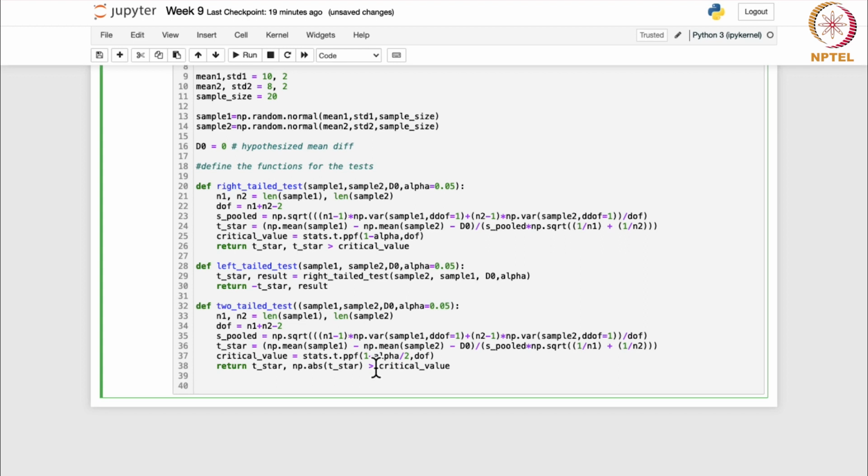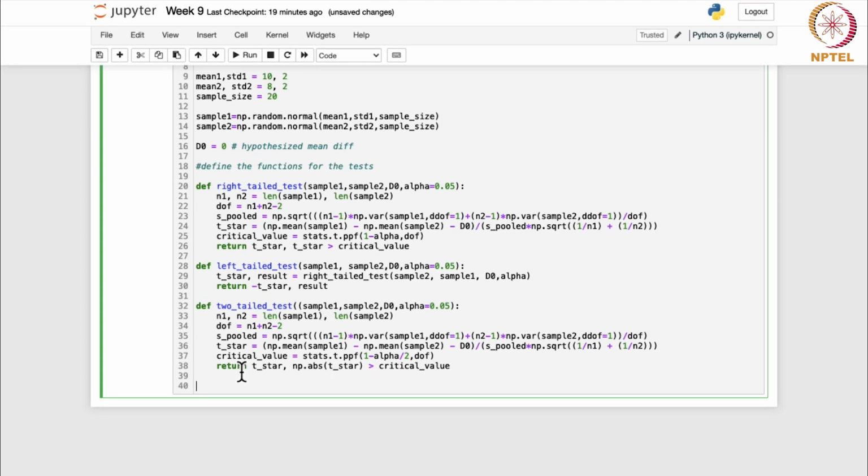So we are looking for a t value in the t distribution such that 97.5% of the values lie to the left of it. Because in theory, you are going to reject the null hypothesis if the absolute value of this t star, the test statistic you have calculated, is greater than or equal to t alpha by 2. Alpha by 2 means that to the right of it you will have an alpha by 2 region, which is the same as saying that 1 minus alpha by 2 would be to the left of it.